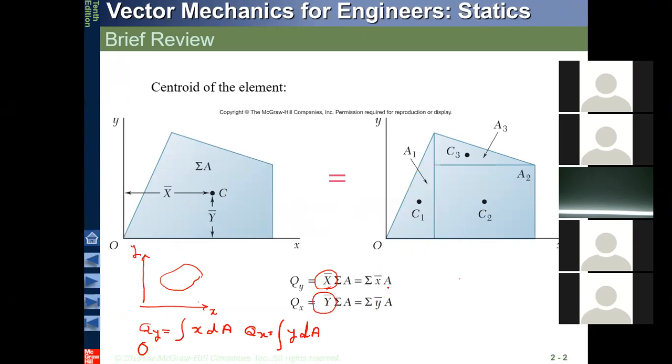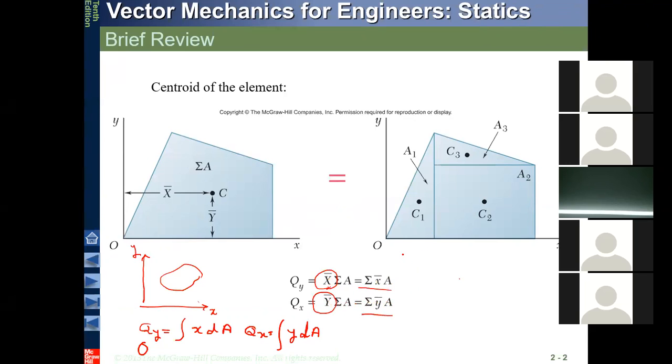This way you will get sigma x bar A and sigma y bar A, and then put that equal to capital Y bar and capital X bar times the total area.